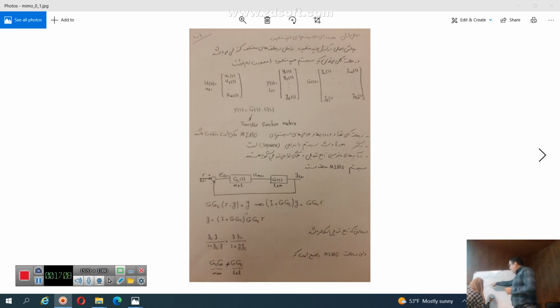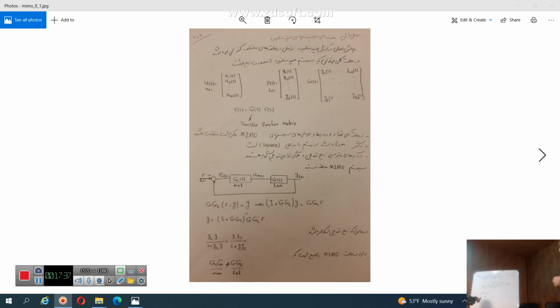And the next one. So E equal to R minus Y. For you or for me? Oh, R is L, must be the same dimensions, isn't it? Yes.